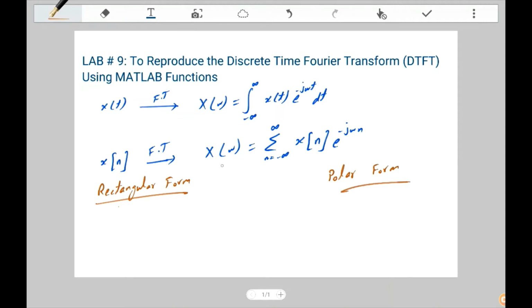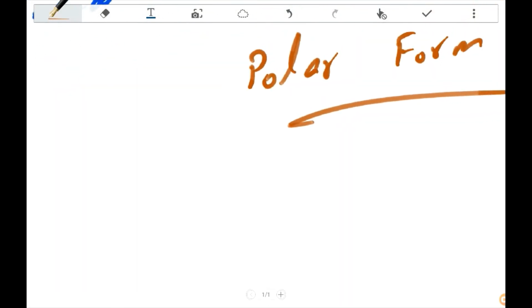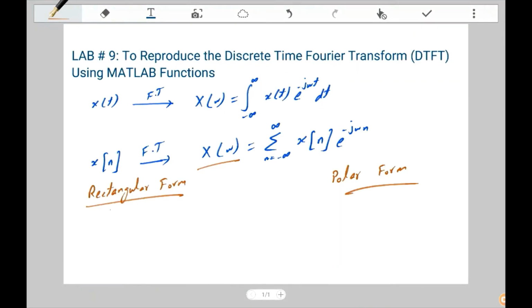In rectangular form, X of omega is equal to the real part of this signal plus j times the imaginary part of this signal.